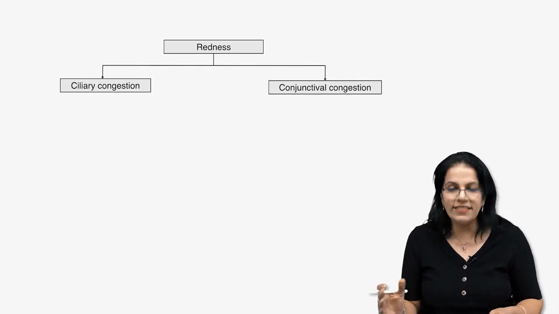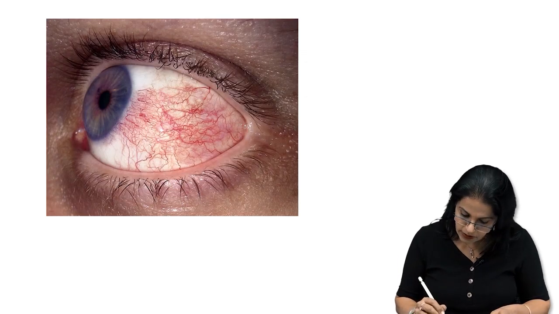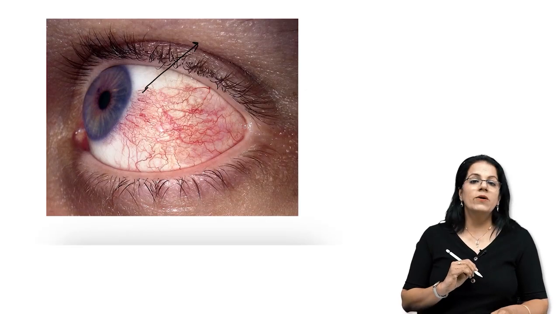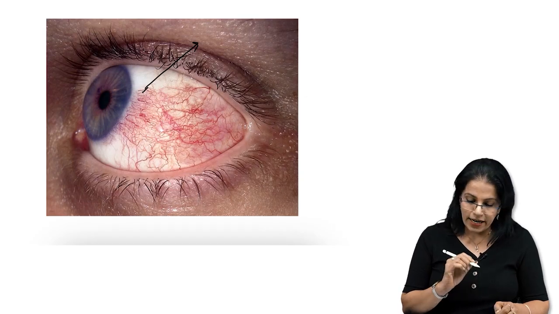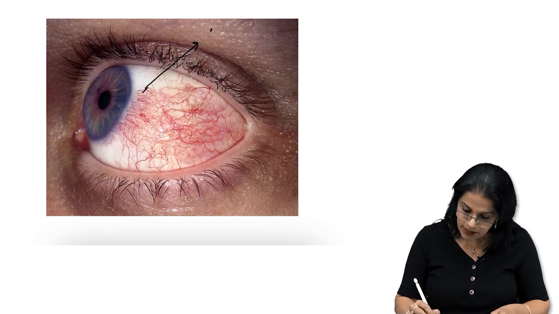Let's understand what is the difference. So let's have a look here. Can you see, these are mainly the straight vessels here which are along the limbus, isn't it? They are draining from the limbus to the fornix. This is what is called ciliary congestion, right?